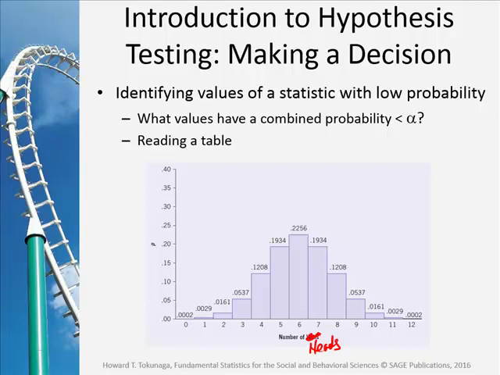We want to set our alpha to 0.05, which means we got to be in the tails. How many games would you have to either win or lose to be convinced that the coin flip mattered? How can we figure that out?